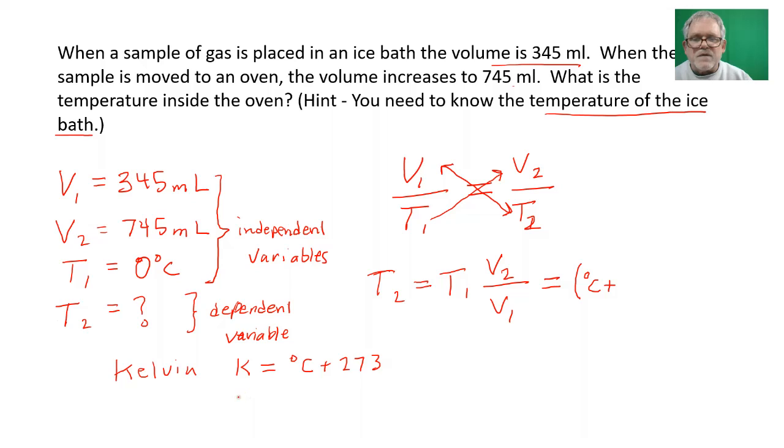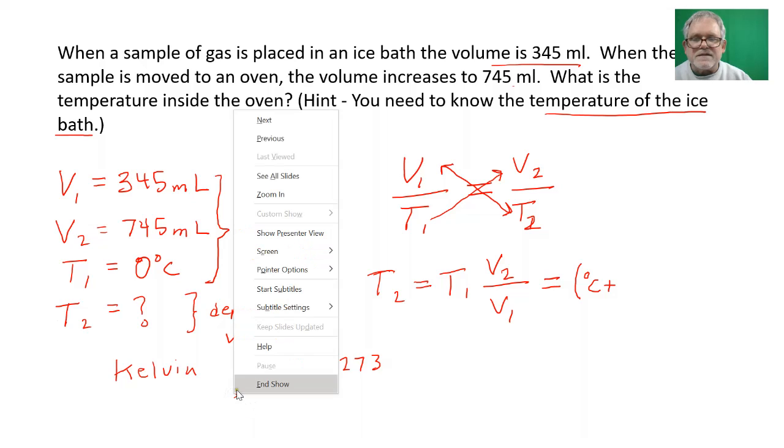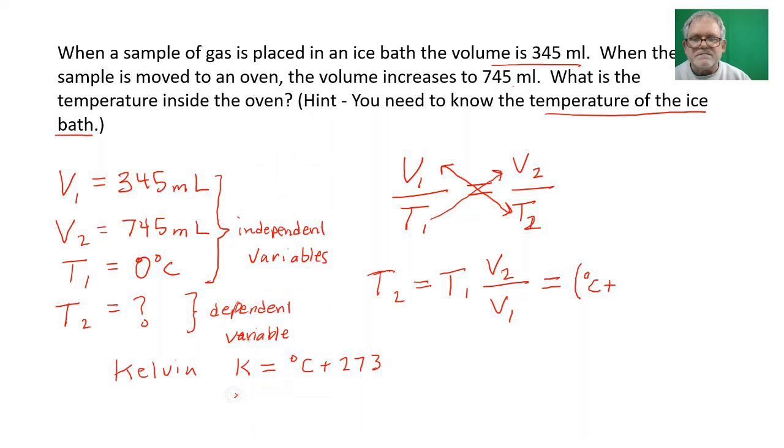If you want to go in the opposite direction, you just subtract 273 from the temperature in Kelvin. Okay, so I have to add 273 here.